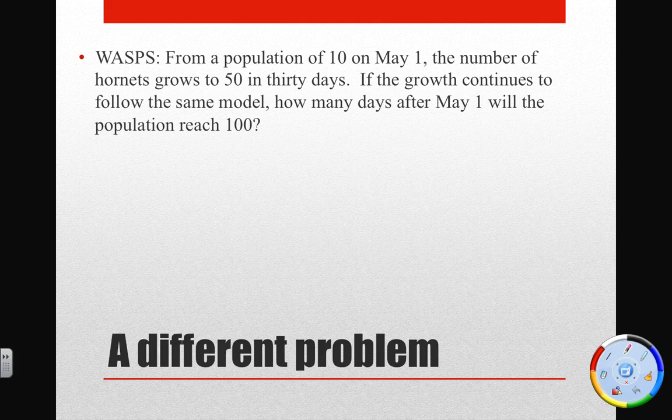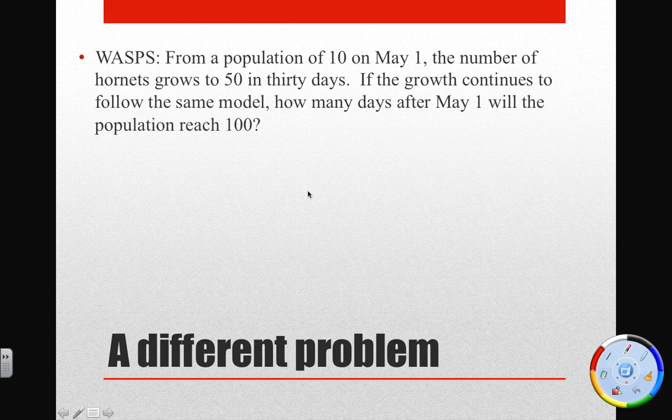If the growth continues to follow the same model, how many days after May 1st will the population reach 100? If you notice, 10 going to 50 in 30 days means you multiplied by 5 over a span of 30 days, which means we can use an exponential problem for this, and it's an exponential growth.